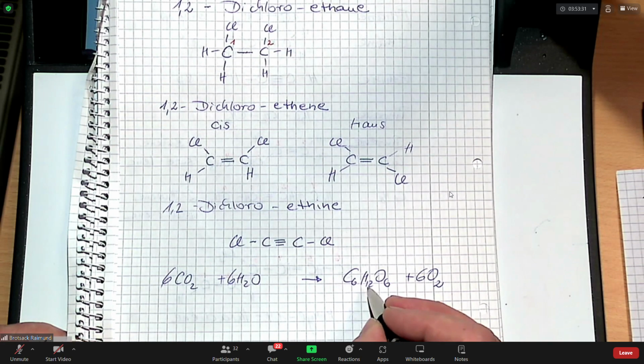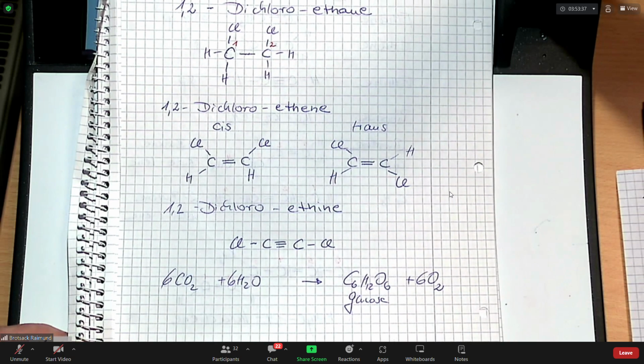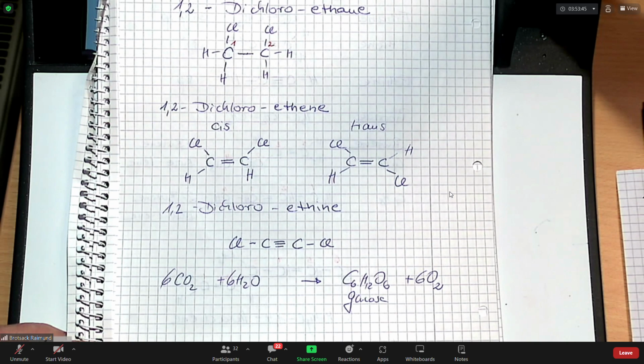This is glucose, our typical biomass molecule. We have a linear structure and a cyclic structure of this molecule.